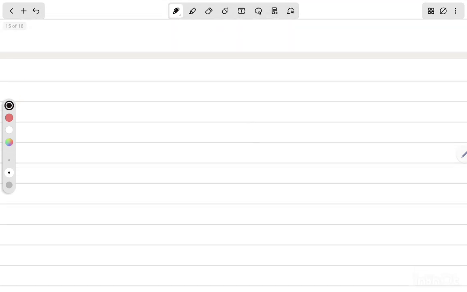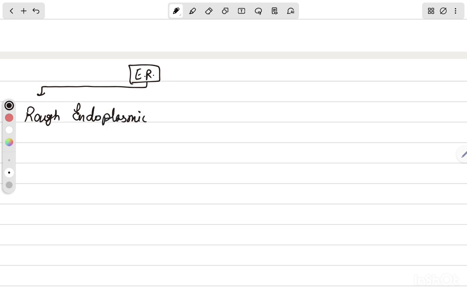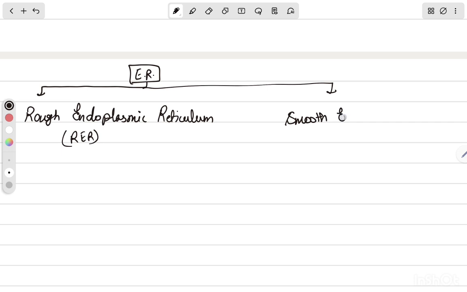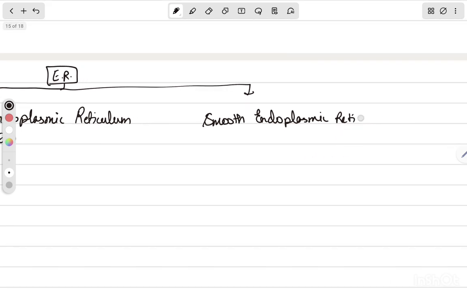Now we have two types of endoplasmic reticulum. One is rough endoplasmic reticulum, which can also be written as RER. The second is smooth endoplasmic reticulum, also written as SER.